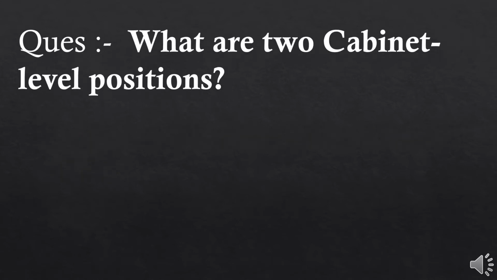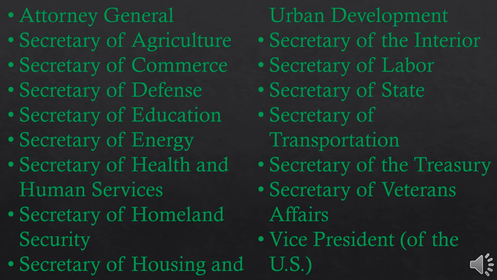Question 48. What are 2 cabinet-level positions? Attorney General. Secretary of Agriculture. Secretary of Commerce. Secretary of Defense. Secretary of Education. Secretary of Energy. Secretary of Health and Human Services.